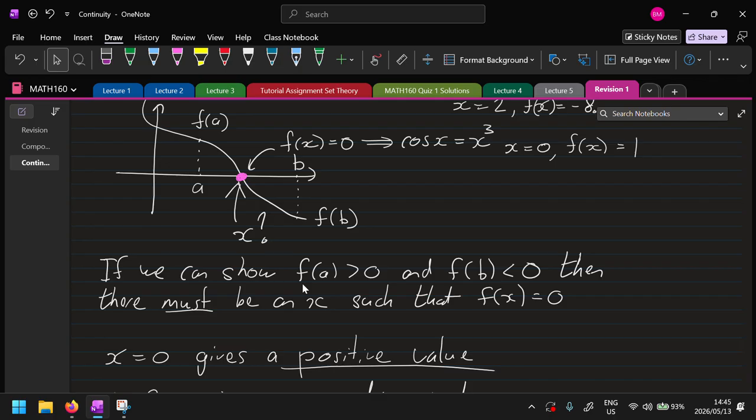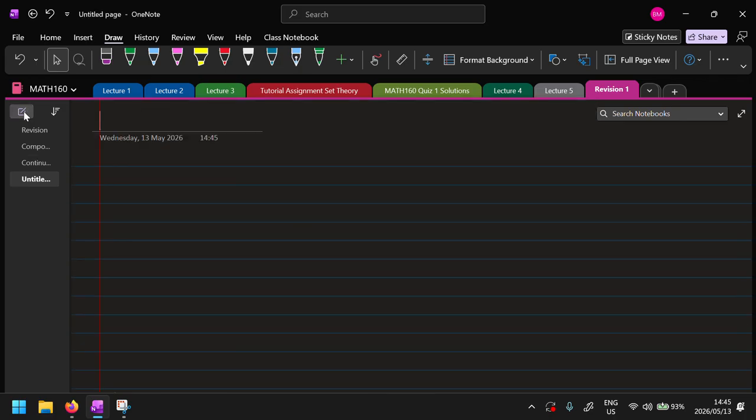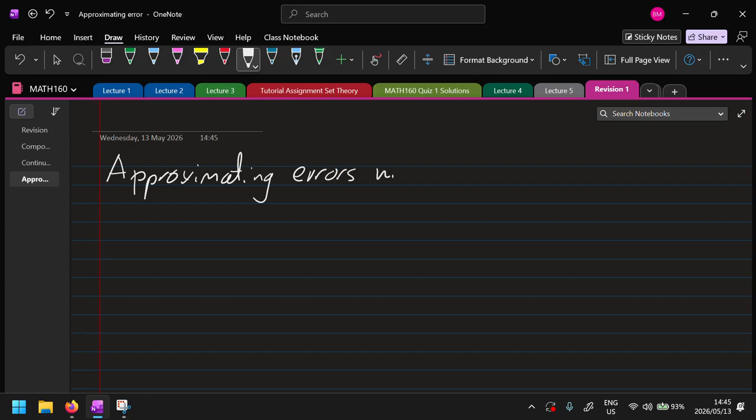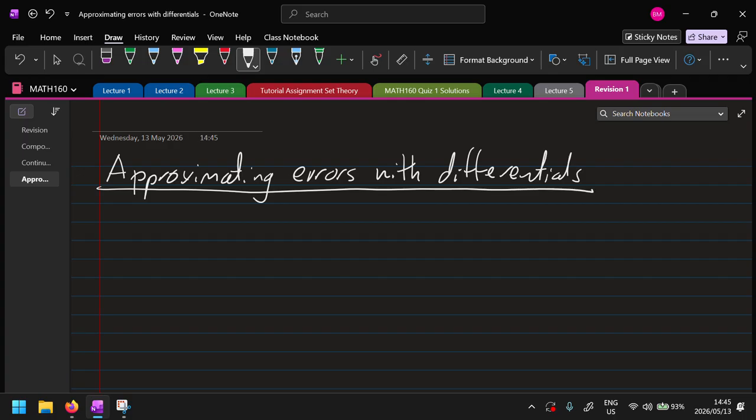Oh, good. Okay. Next bits, approximating errors with differentials. Yeah. So again, it's just some word problem. We want to estimate the error. So number 1.